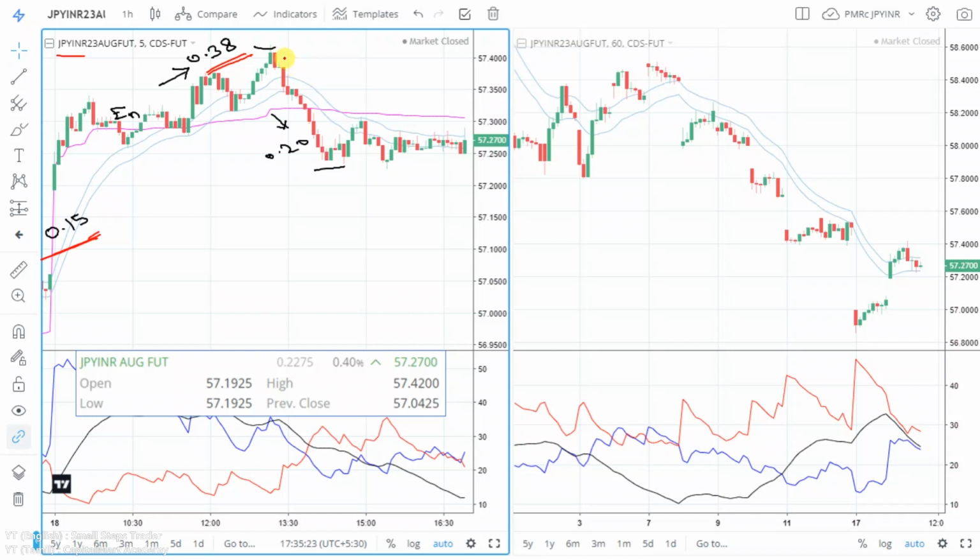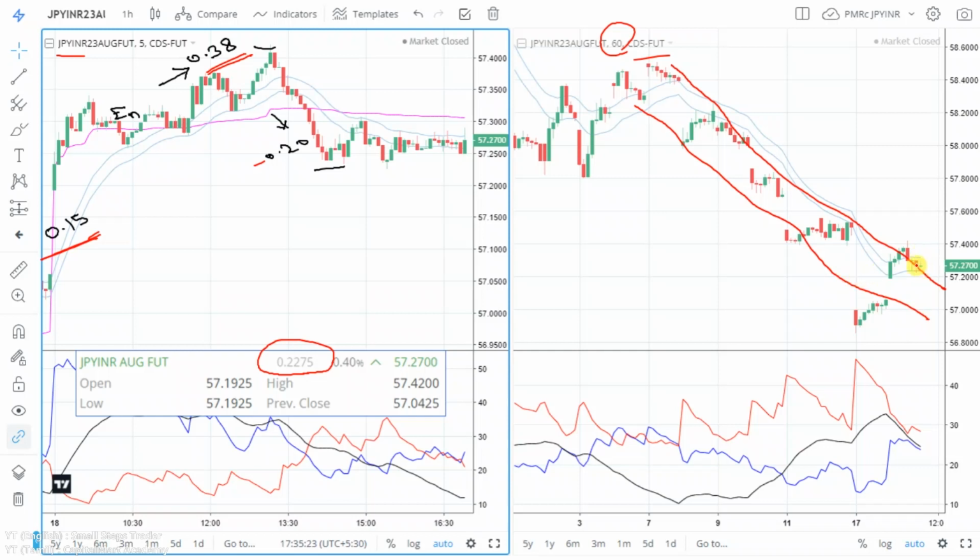It started coming down from the high, down 20 paise, then went completely sideways, and on an end-to-end basis it closed just 22 paise positive. If you see the positional chart, it is completely in a downtrend only. We can say this is a downside channel.